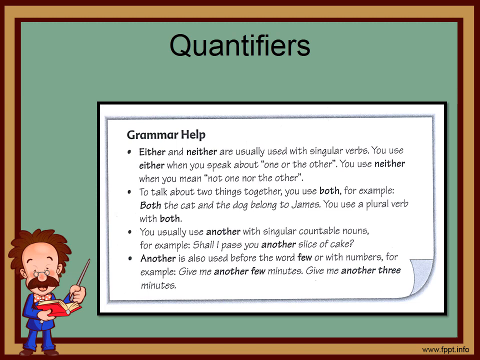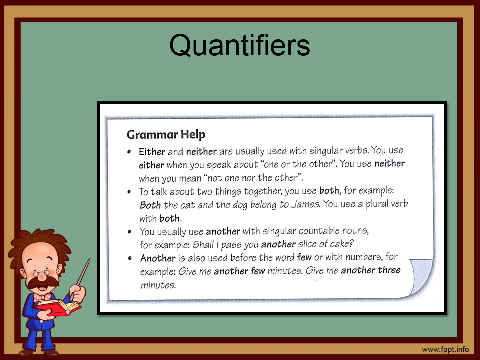Again you heard that I used both of them. So we will say both. Both of them you can say, or both, the cat and the dog, right? You use a plural verb with both, and whenever you use both in the sentence, obviously the verb or helping verb would be plural, because both means more than one. That's why plural verb.